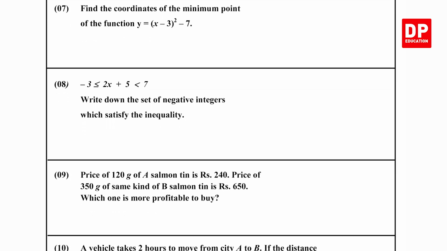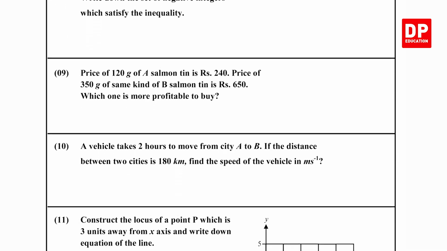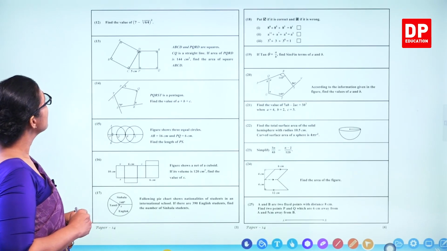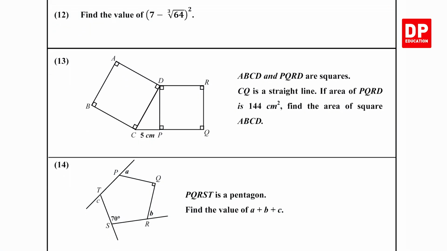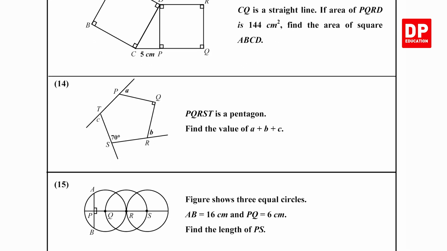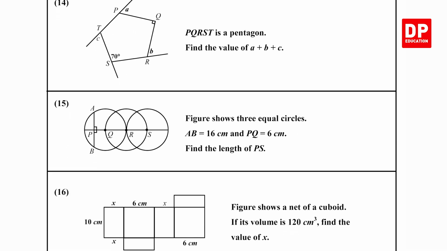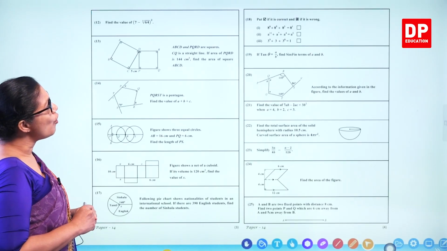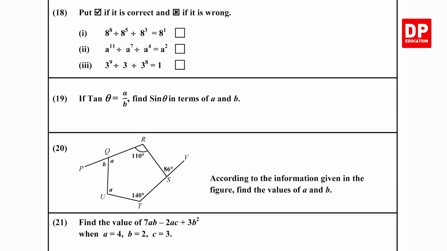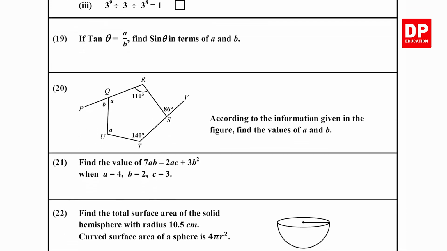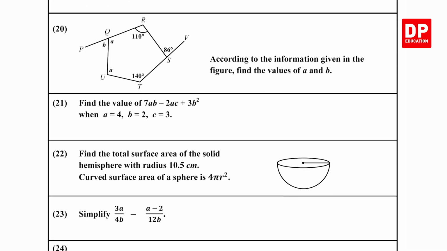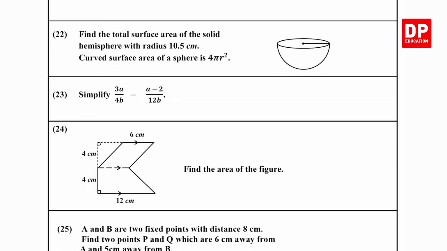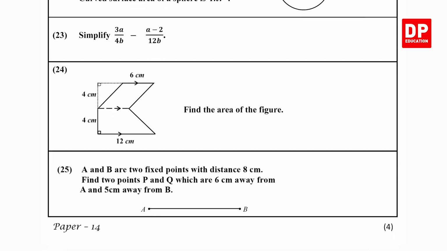On the third page, question numbers 12 to 17, and on the fourth page, 18 to 25.